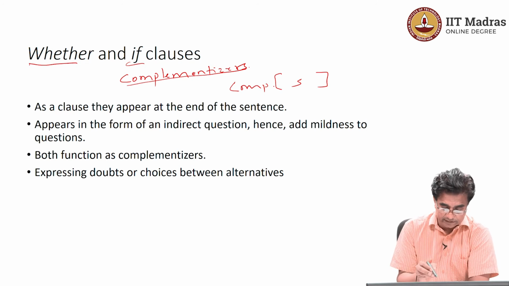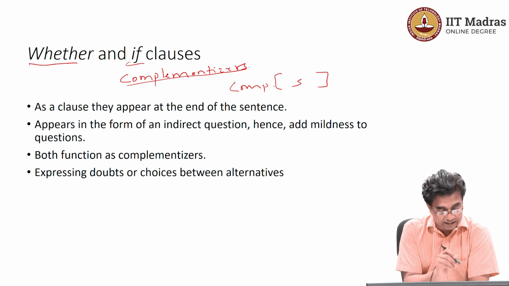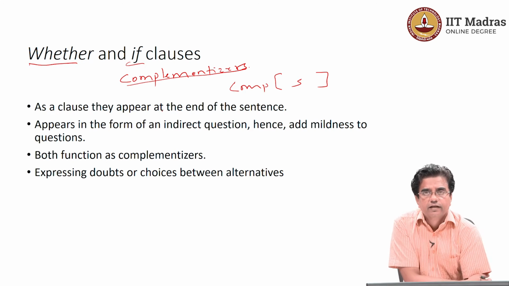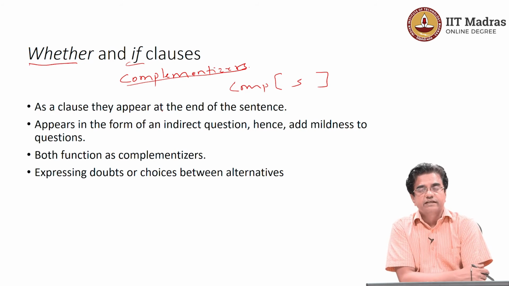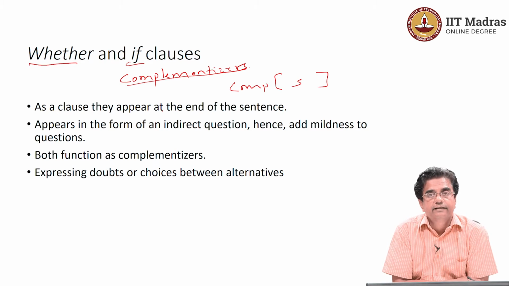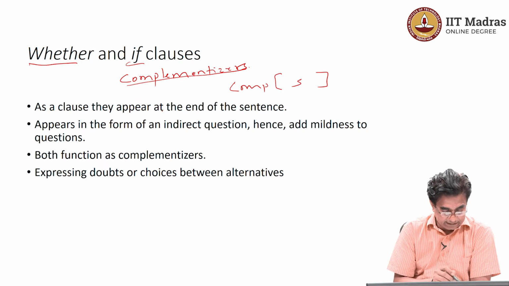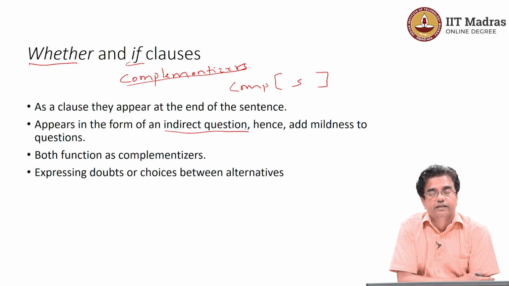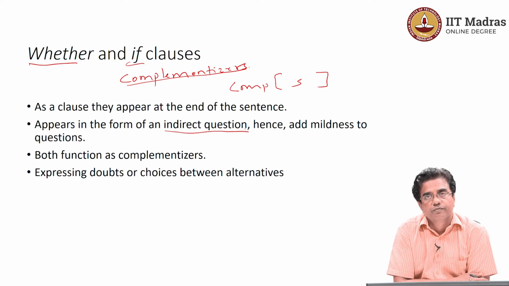As a matter of fact, when we have these types of clauses, these clauses appear at the end of a sentence. All sentential complements are called heavy complements, and they occur at the end of the sentence. They appear in the form of an indirect question. This is the function of this whether and if type of complement. Why do we use them after all?